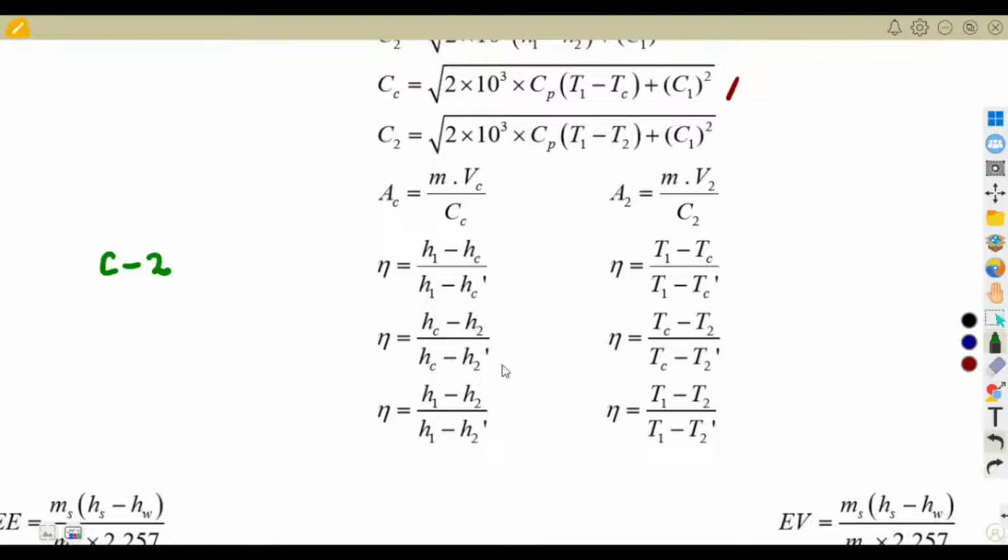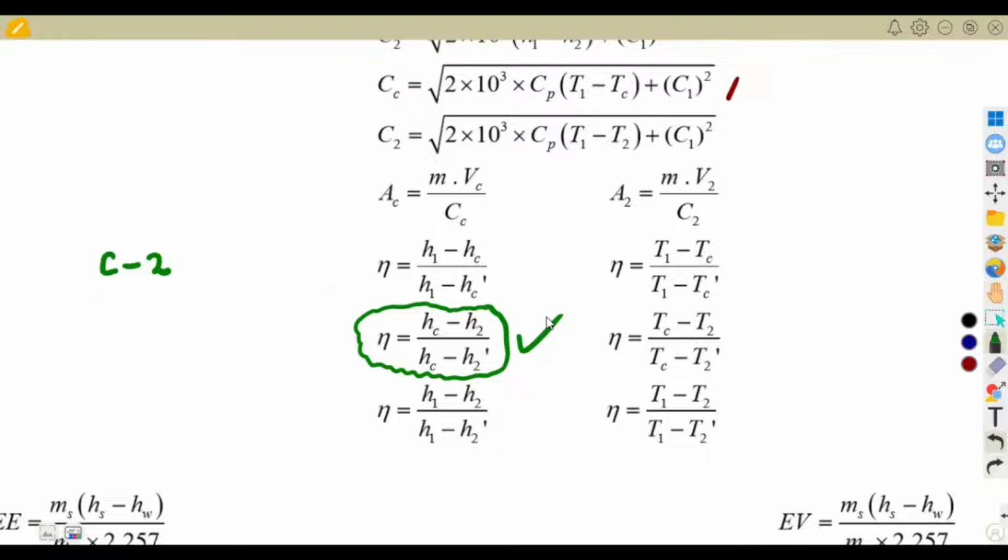So we need the efficiency that is affecting this, which is this part. Critical up to the outlet, this one. This is the best formula to use. We can't use this one because this one is for 1 up to 2, the convergent part. As we're talking about the divergent part, that is where we have the efficiency, from C up to the stage 2. So this is the formula that I'm going to take.